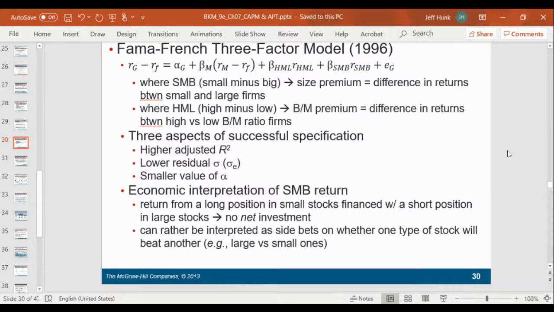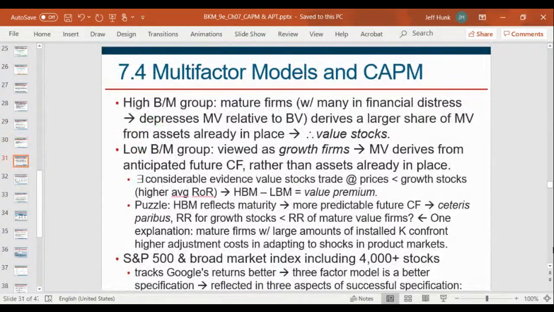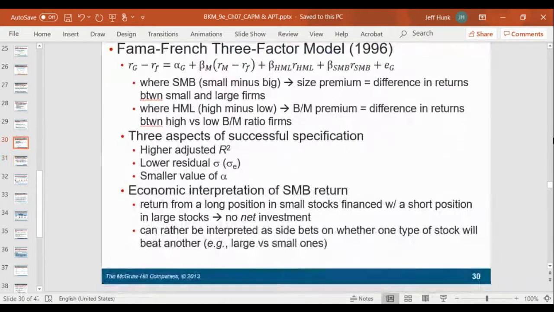It's working. It can rather be interpreted as a side bet on whether one type of stock will beat another, whether small cap stocks beat the large ones.